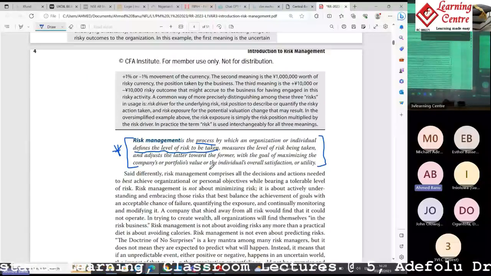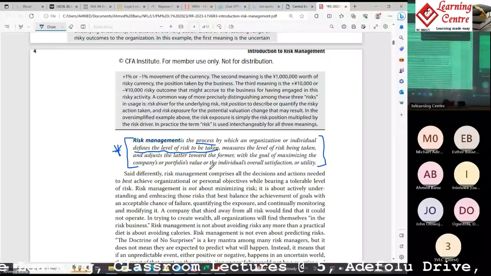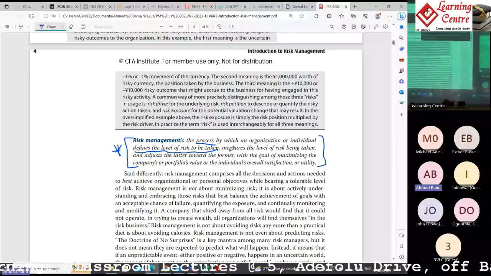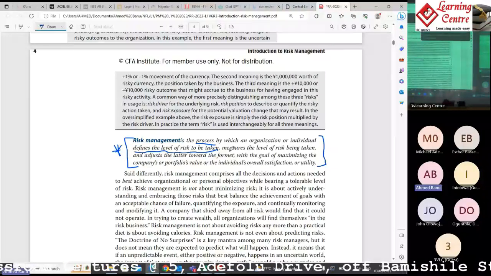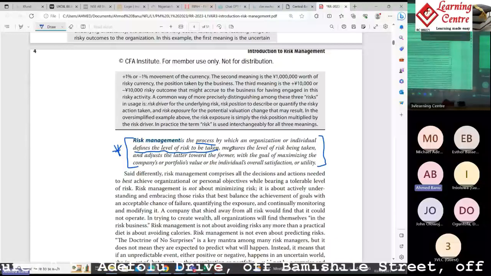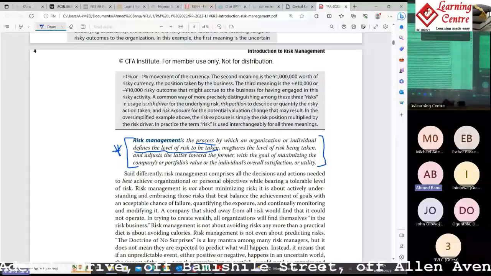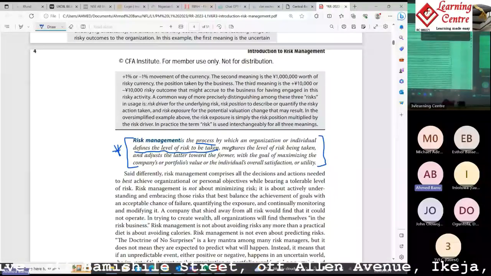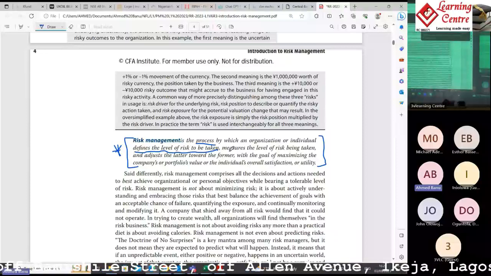What level of risk do I want to take? Measure the level of risk taken, meaning I have defined what I want to take. I am looking at what I have taken, and I am adjusting the level of risk that I have taken to the level of risk that I have defined as what I want to take.